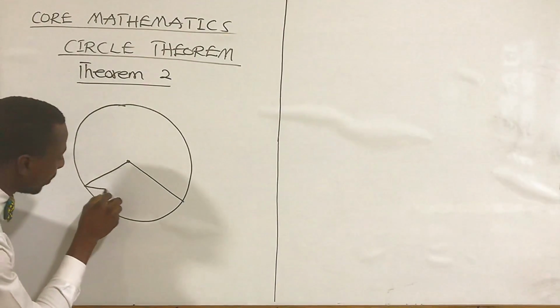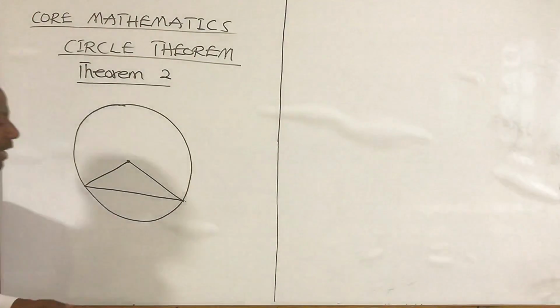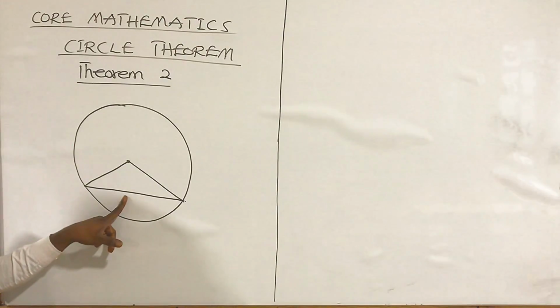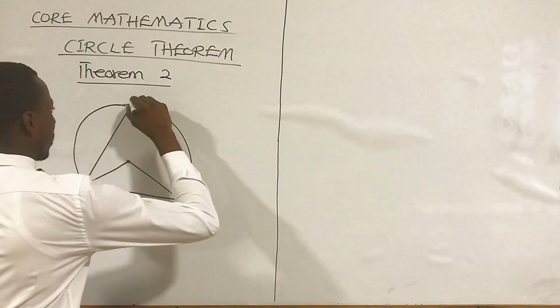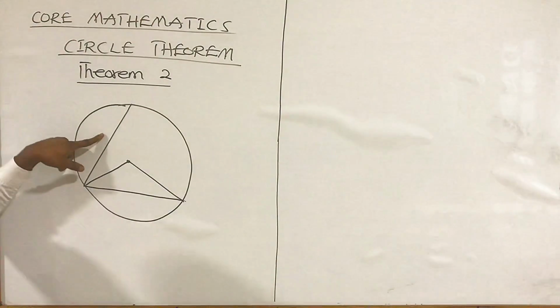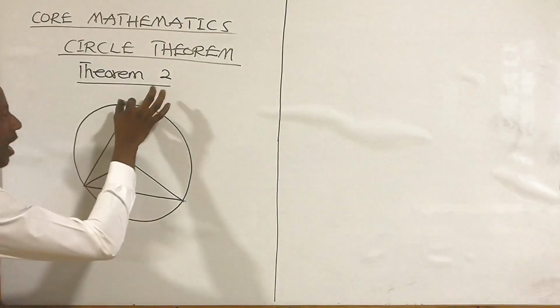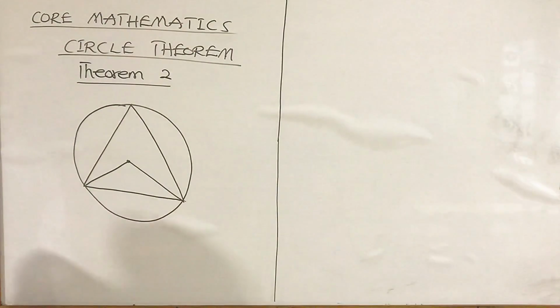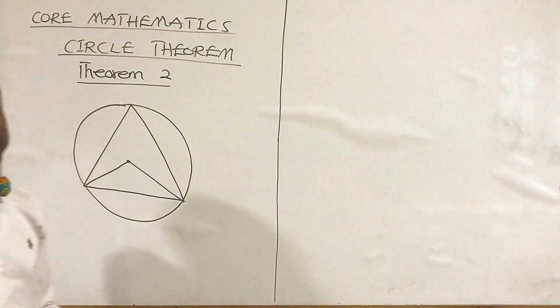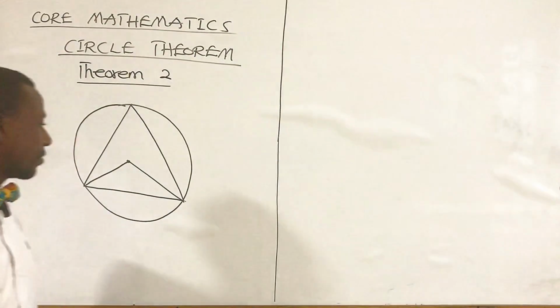I have another line beneath, and this line is called the chord. We have another line here which is also a chord. Another line here is also a chord, because none of them is passing through the center of the circle.